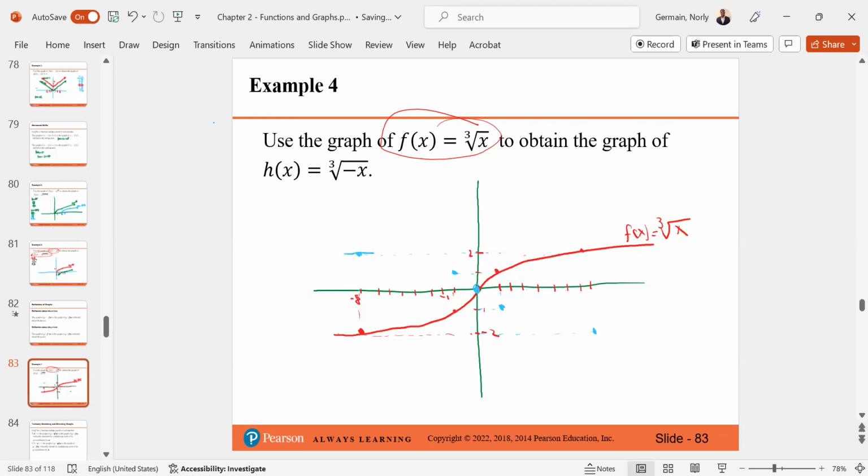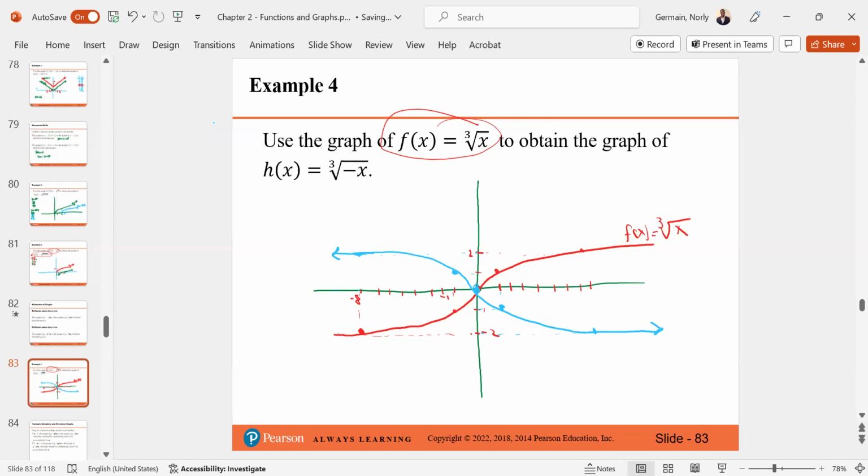So that's why we said the graph would be just a reflection of the other one. I know I may not do it properly, but it's just a sketch. Okay, so that would be the reflections for these two graphs.